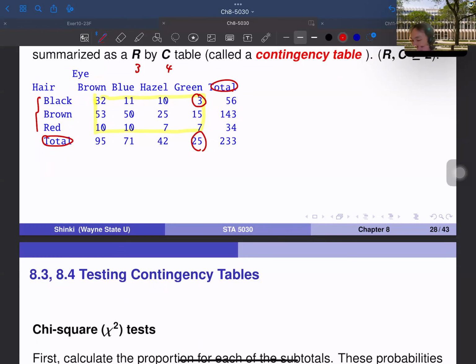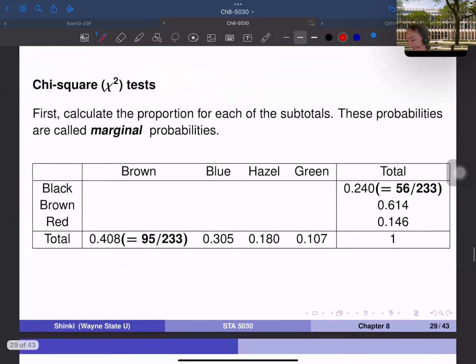But this is a little different if the eye color is brown: we have as many as 32 students out of 95. So the proportion looks much larger. So it sounds like eye color and hair color are related.